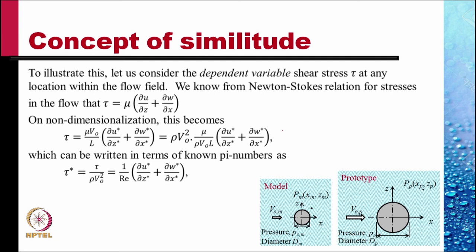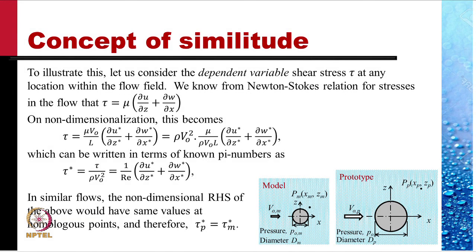And now if I take this tau star which we measured from the model and multiply it with the value of rho V naught square for the prototype, I will get the shear stress for the prototype. In similar flows, the non-dimensional RHS of the above would have the same values at homologous points, and therefore tau p star would be tau m star.